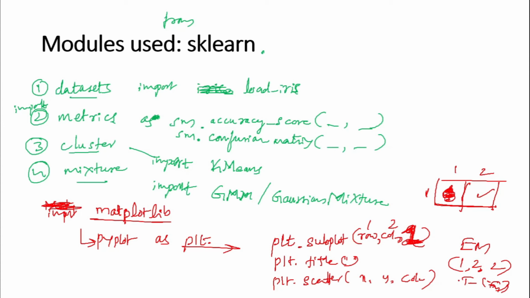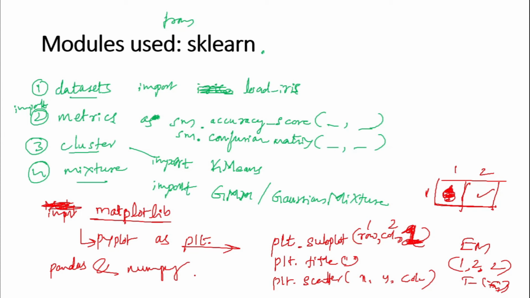This is regarding Matplotlib, and we are using pandas also, and numpy also. You know why do we use pandas? We just use pandas to read the Excel sheet, and here there is no Excel sheet, but we can use pandas to read the data set, that is iris.